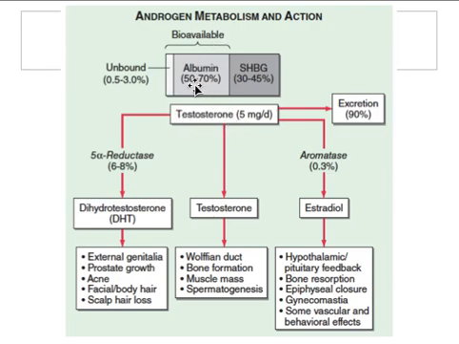And the ones that are bound to albumin and your free testosterone will be the ones that are bioavailable and will produce the effects of testosterone in your cells. So your testosterone, about 6 to 8%, will be acted upon by your 5-alpha reductase, which will be converted to your dihydrotestosterone.